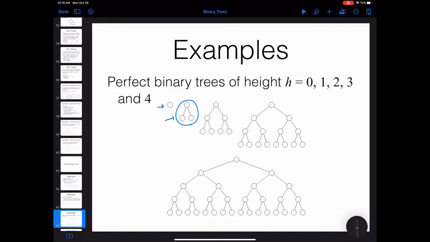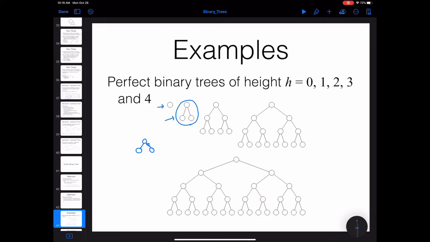You need 3 nodes. A tree like this one is not going to be perfect, because it's correct that all the leaf nodes are at depth 1, but this node is not full. You are missing a node here.